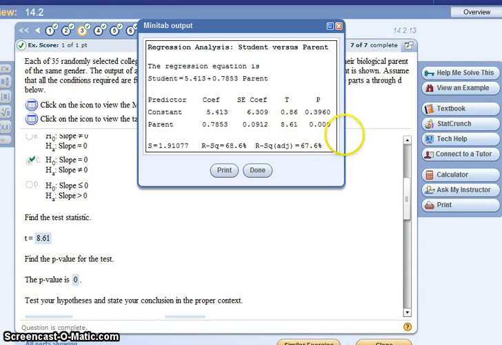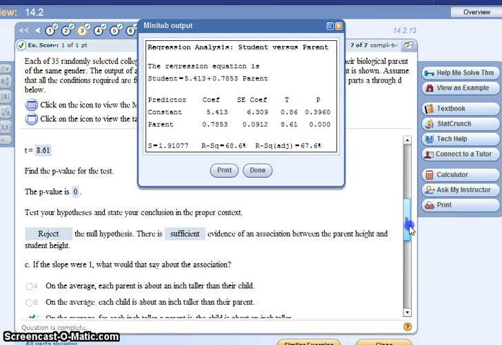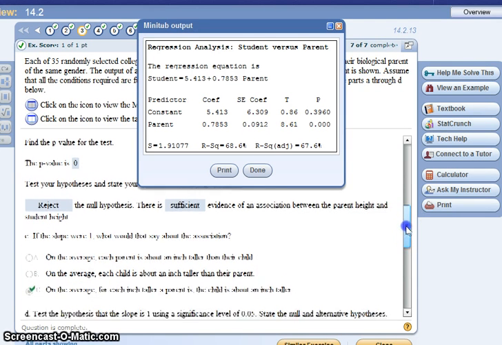And the p-value is very small, so it's approximately 0. So we can simply put a 0 there. And since it's lower than 0.05, we reject the null hypothesis, and there is sufficient evidence of an association between the parent height and the student height.